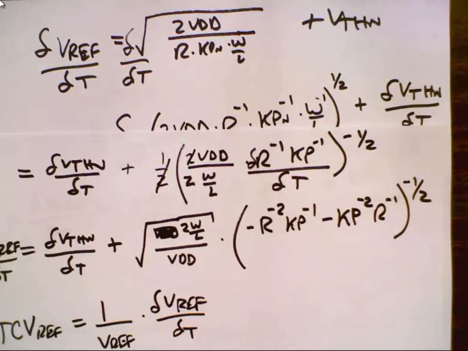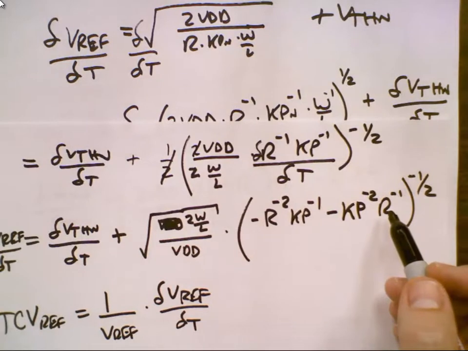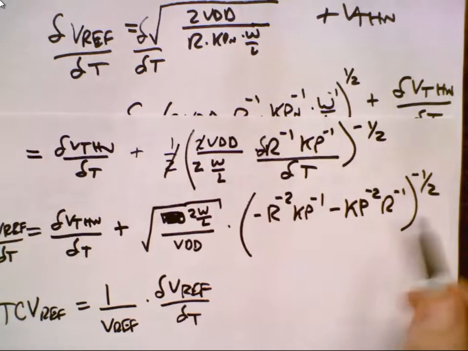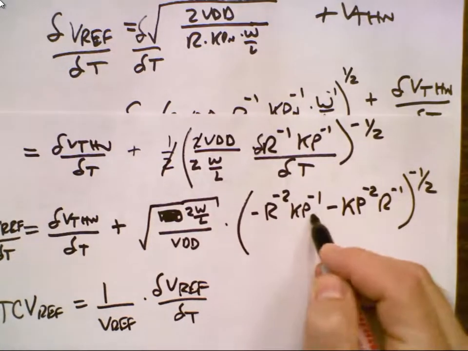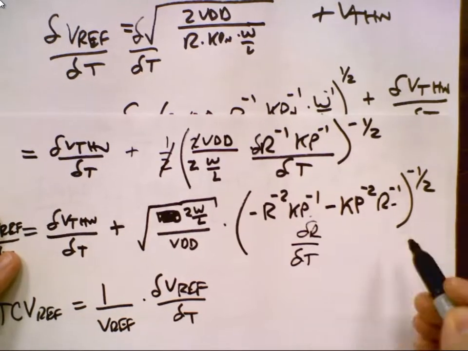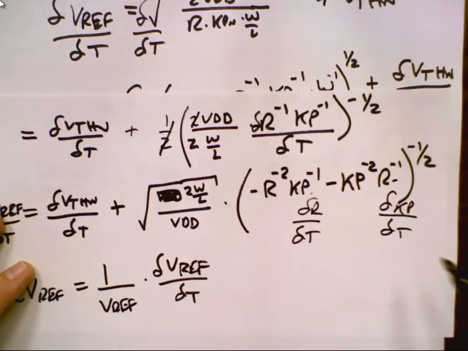And what that gives me, oh, you know what? I left out, what else do I need to put right here and here? And this one is del Kp del T. Yay or nay?